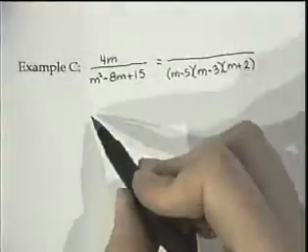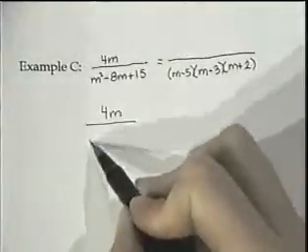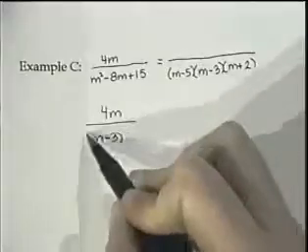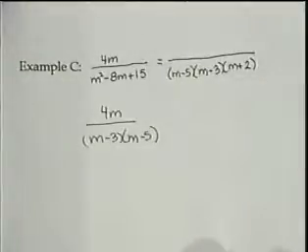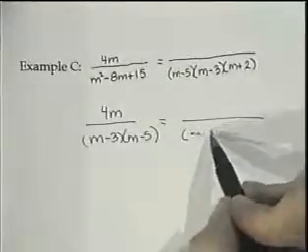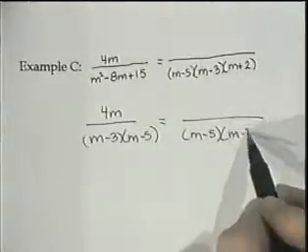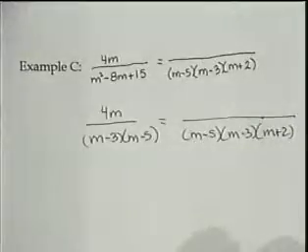Again, factor first. This is simply 4m over m minus 3 times m minus 5. And you want that to equal m minus 5 times m minus 3 times m plus 2 as your denominator.